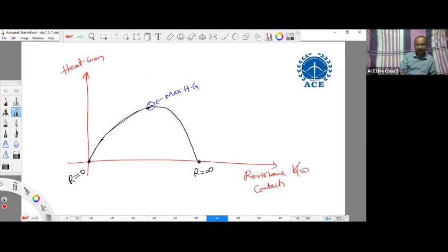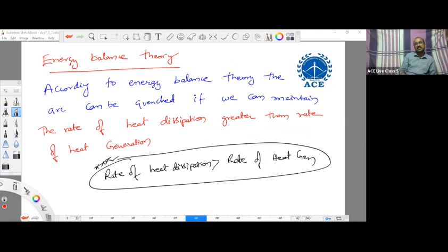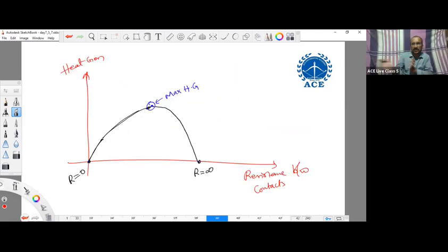So what is the first theory which explains the arc quenching mechanism? Energy balance theory. According to this theory, if you can maintain the rate of heat dissipation greater than the rate of heat generation, the arc can be quenched. If we observe the variation of heat generation with respect to resistance between the contacts, initially when the contacts are closed, resistance is 0, heat generation is 0.